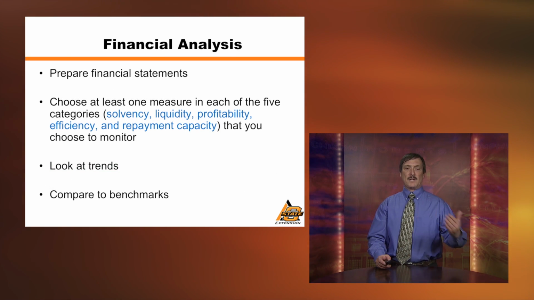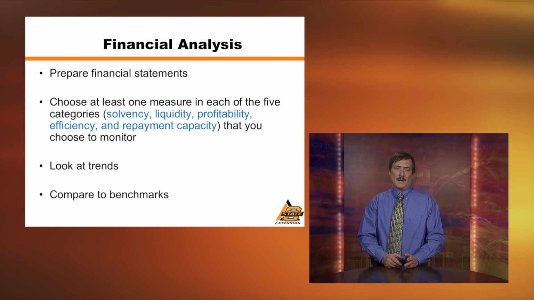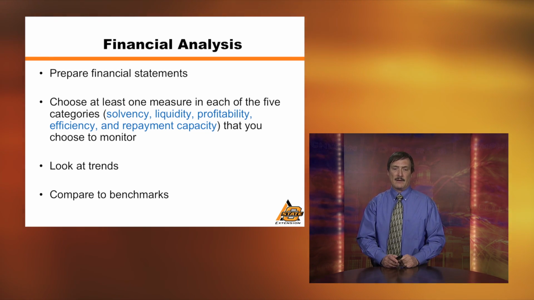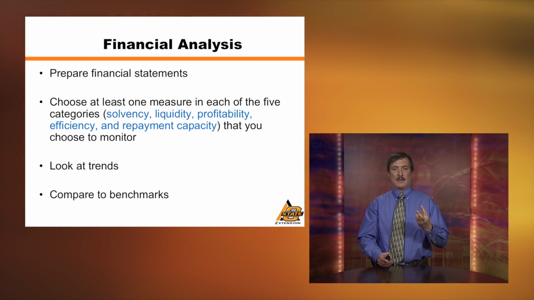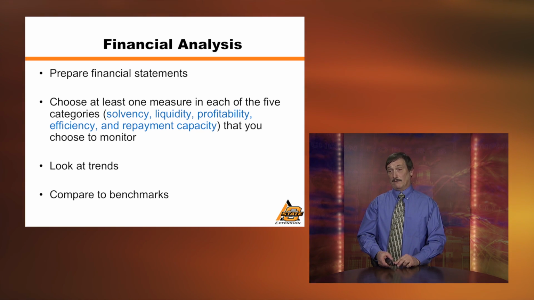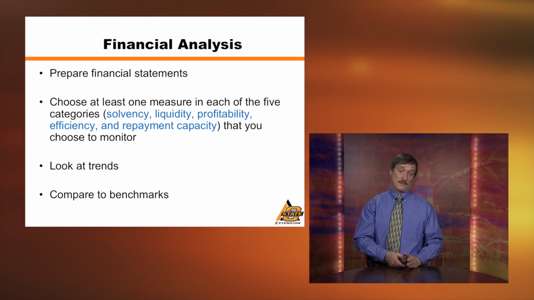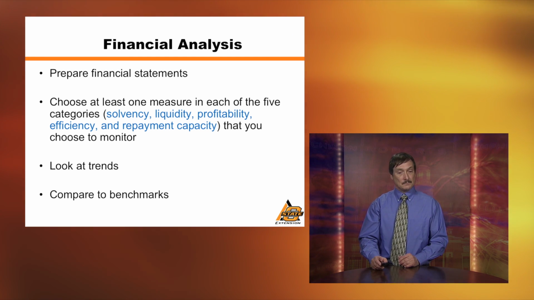So, kind of to sum up here, how do you do financial analysis? You prepare financial statements. You choose at least one measure from each of the 5 categories: solvency, liquidity, profitability, efficiency, and debt repayment capacity. And we have numerous additional measures, in addition to the ones that I've talked about in this video clip, available in the resources section and in the workbook that's available on the website.